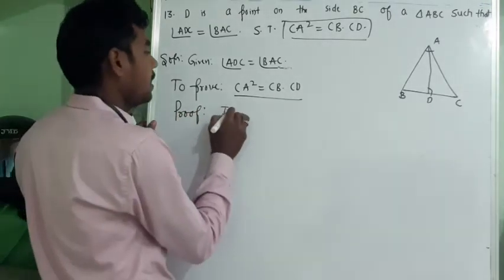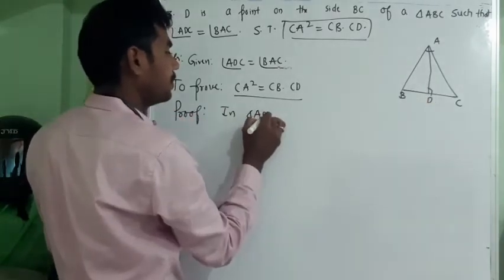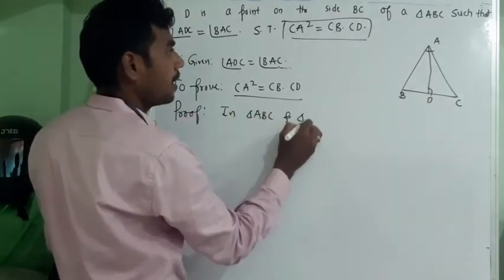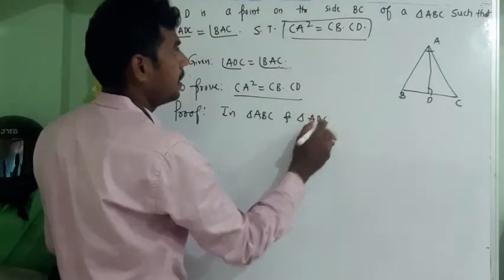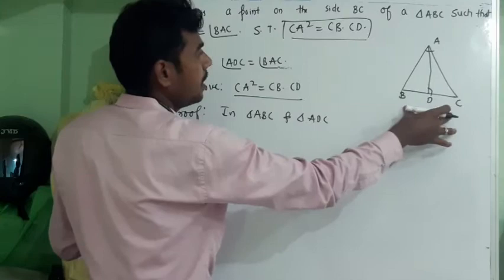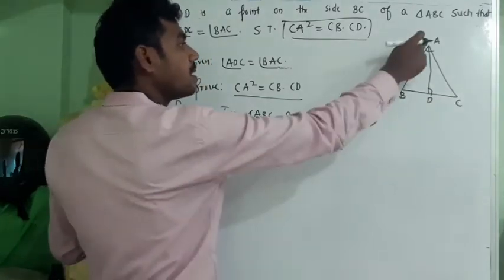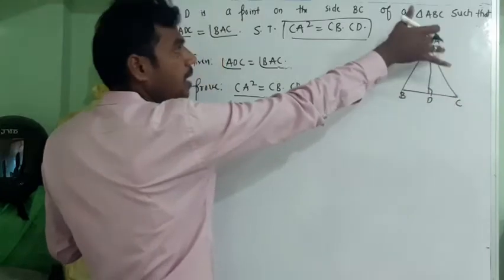So in triangle ABC and triangle ADC, see, when you look at AC is there, where is CB? CB is there, where is CD? So through this we'll come to know we need to consider this triangle and this particular triangle.